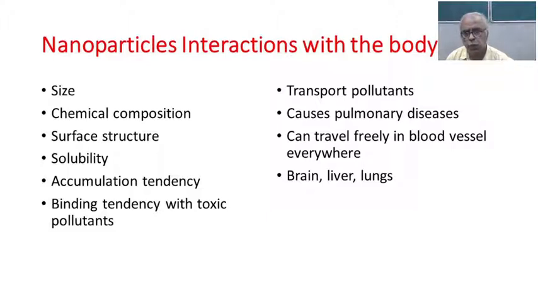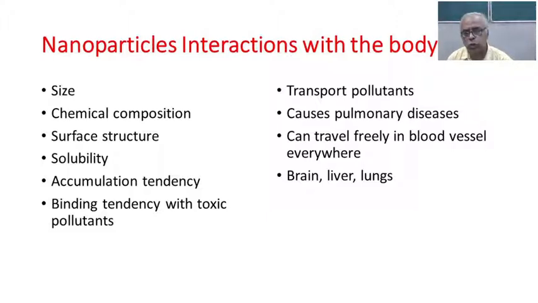So based on the size of the nanoparticles and chemical composition, even if it may be inert, because of its particle size it will disturb the biological system. And also the surface structure. Nowadays we talk about nanorobots, etc. We can modify the structures of nanoparticles.